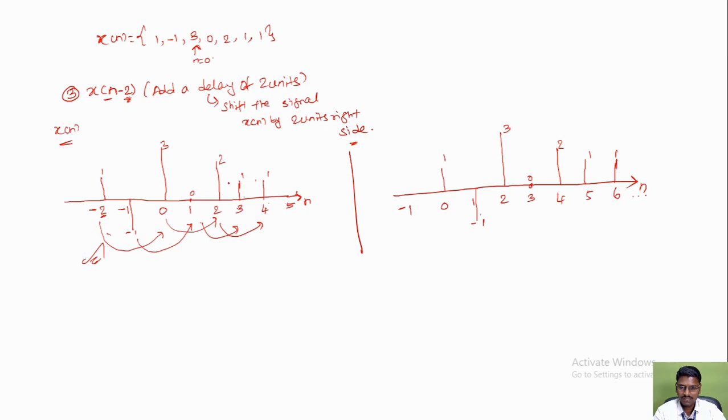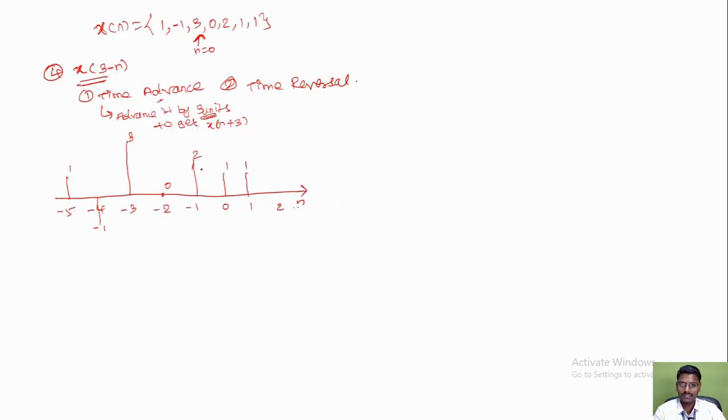So I have just shifted each sample 3 positions to the left side to get x of n plus 3. Now the first operation is completed for x of 3 minus n.